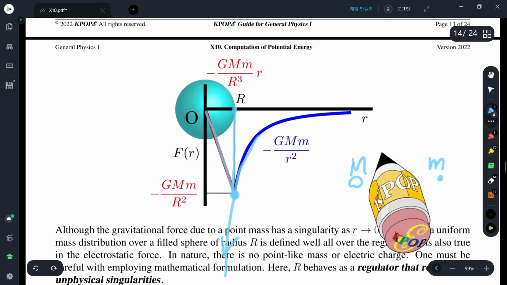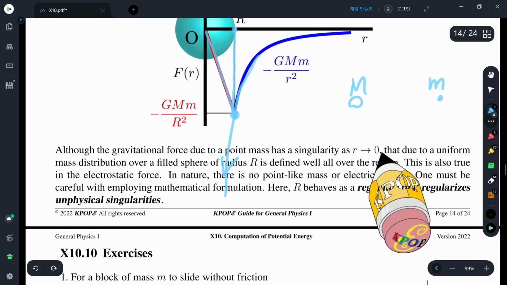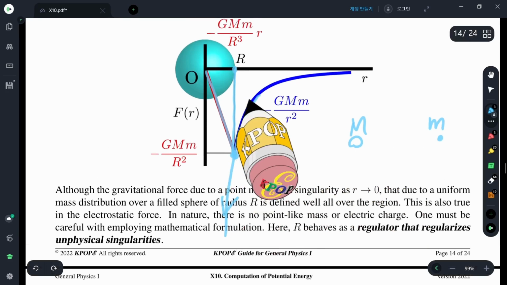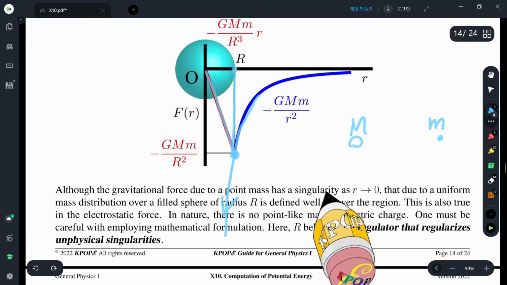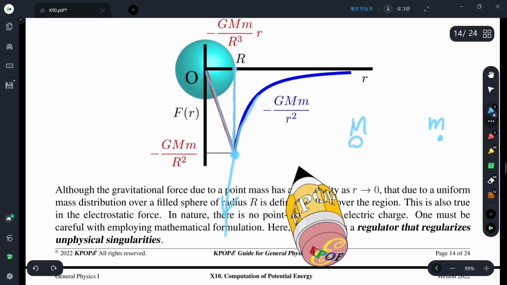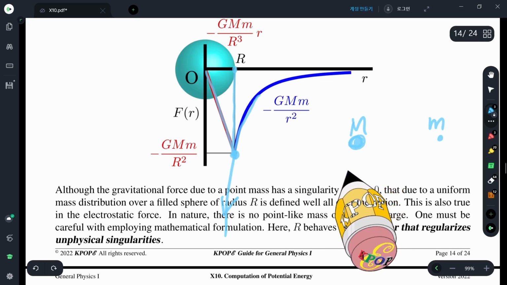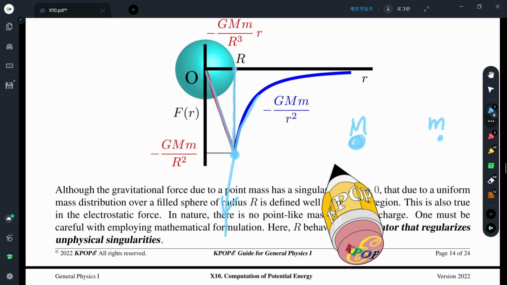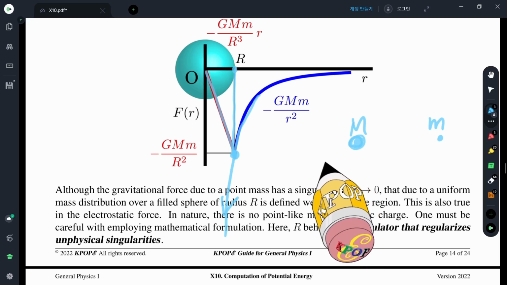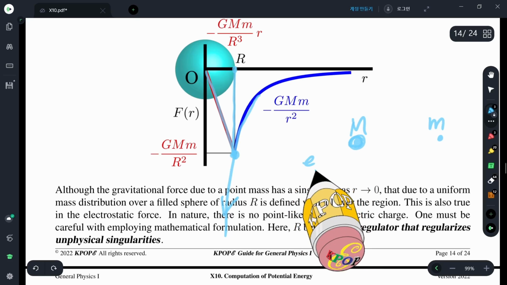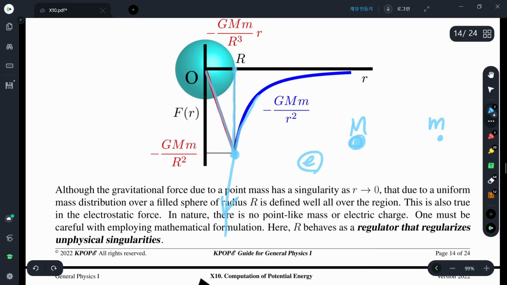So that's quite interesting. This is a remarkable result coming from the shell theorem. And this also applies to electrostatics. In physics, there's no way to measure the exact magnitude and size of an elementary particle. An electron is one of the smallest elementary particles.